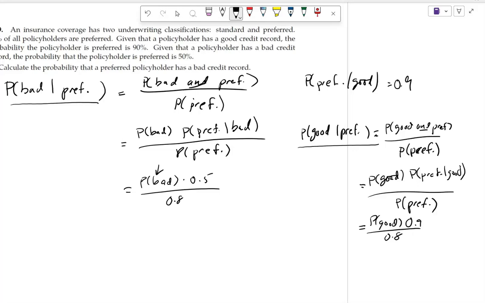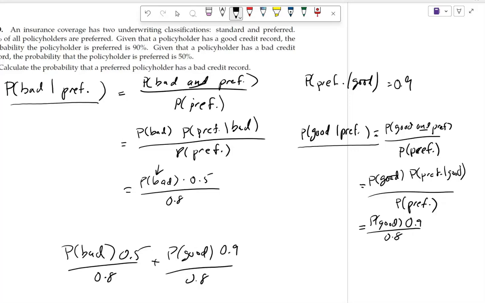Bad and good are complements. So if I add those two things together, what do you have to get? 1, right? So probability of bad times 0.5 over 0.8 plus probability of good times 0.9 over 0.8 has to equal 1, doesn't it?